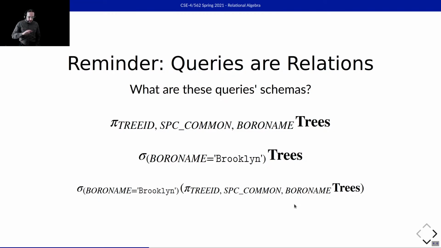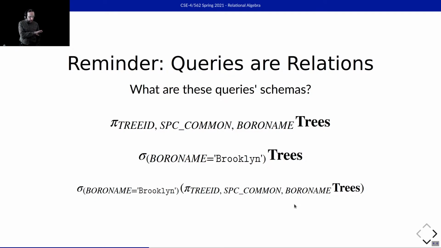So to be clear, what I'm asking for here is the schema. What are the attributes that appear in each of these queries? So for select burrow name equals Brooklyn, yes, okay, Srishti, good. You're returning all of the attributes for the trees. So selection doesn't actually change the schema of the output table.